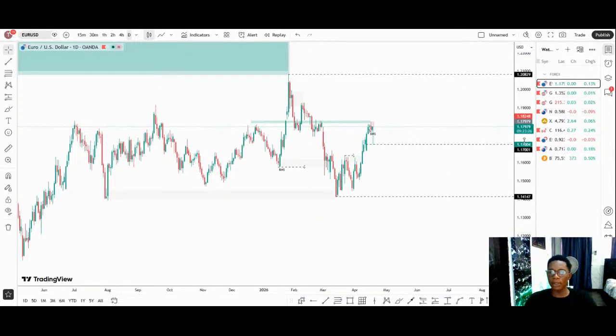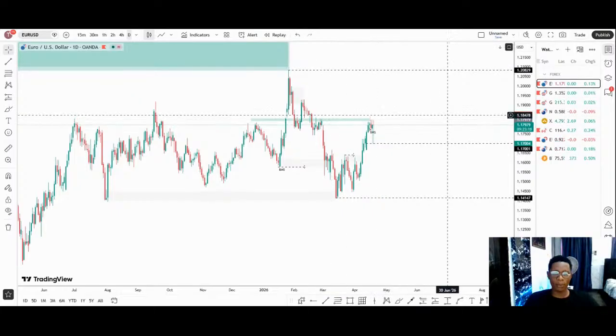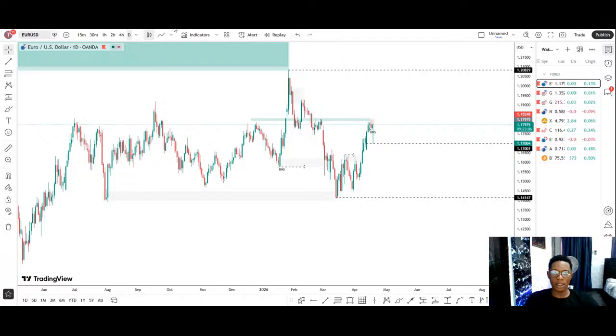So EURUSD from the monthly time frame, guys. If you have been trading EURUSD from the monthly time frame, it is strongly bearish. If you have been following EURUSD recently, we all know that it is strongly bearish, right?